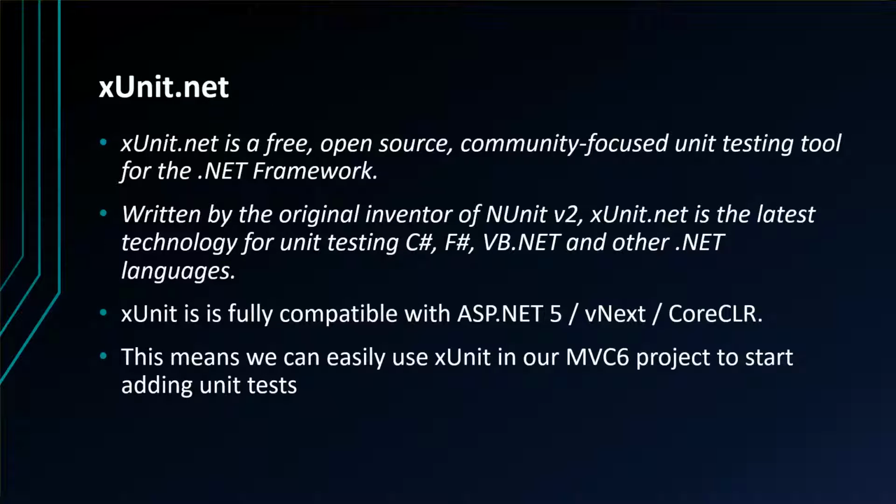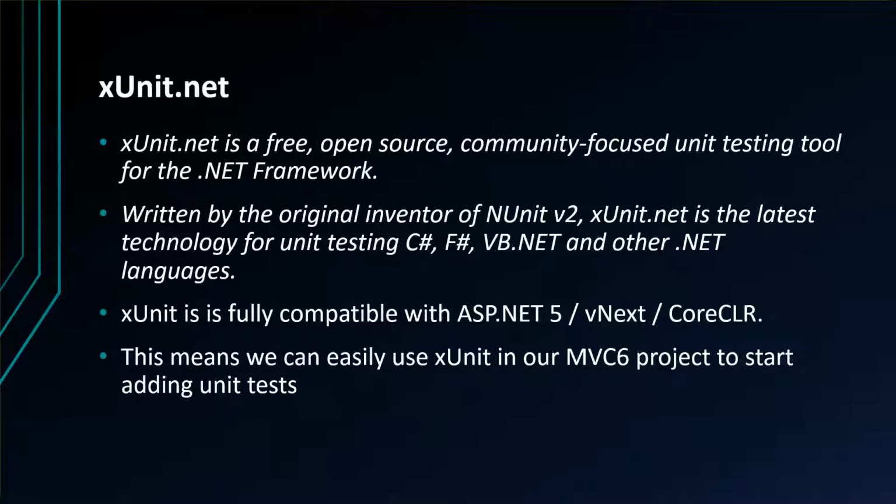xUnit.net is a free, open source, community-focused unit testing tool for .NET applications. It is written by the original inventor of NUnit 2, and it is the latest technology for unit testing C#, F#, VB.NET and any other .NET supported language.